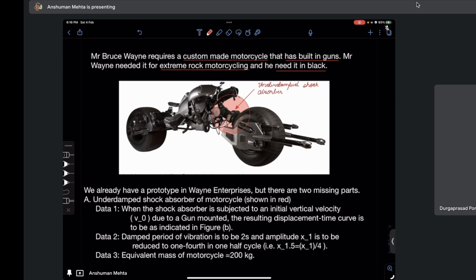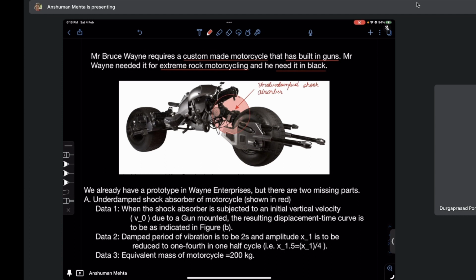So this is our primary aim, and we have to look at these two components in conjunction, the shock absorber as well as this gun, and see how practical we can be about it. So we have a scenario and we will be finding the solution out of it.